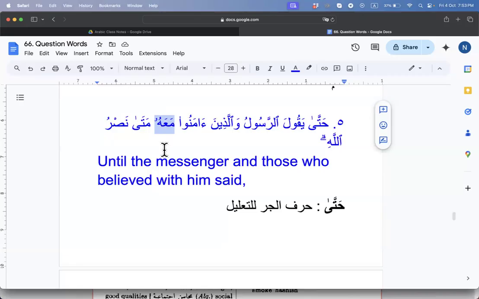Either maful fihi or those who believe with him, so maful ma'a. No, no. Maful ma'a must come in nasab status, and it comes with a wow that has the meaning of ma'a. In the Quran, in fact, maful ma'a is very rare.